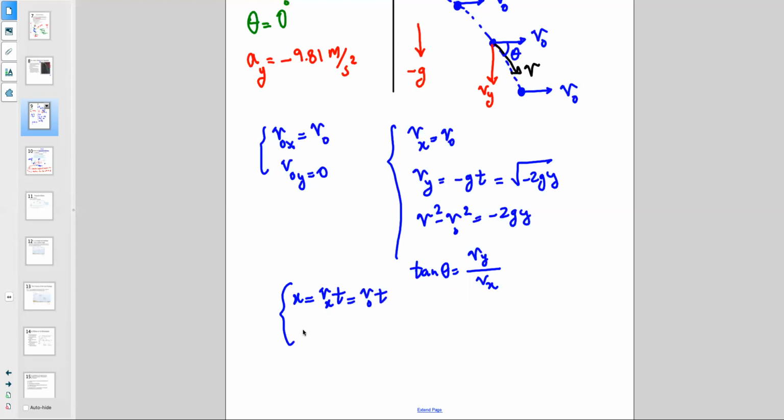And y, which is free fall, is half at squared plus vt. V initially along y is 0, so negative half gt squared. So a is negative g, right? So that's why we have a negative half. Okay, this was the end of part 1. I'll continue with part 2.